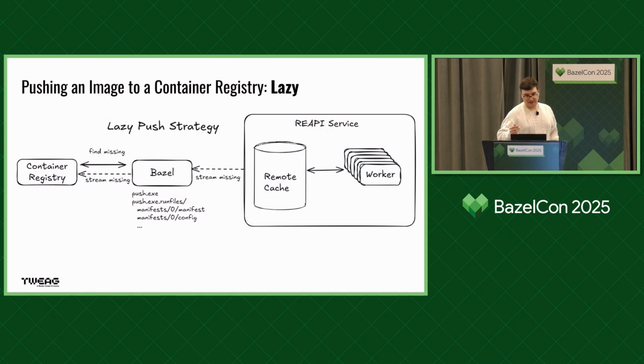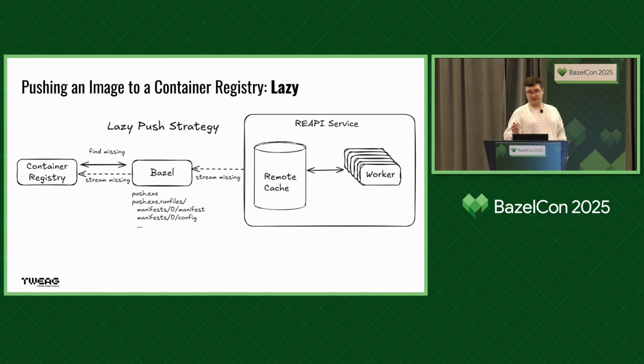The next strategy that we have as an optimization is to just not add the layers to the runfiles. So in this setup, you have the push target. It is an executable file, and it contains only the manifest and the config and some extra metadata, but not the actual big layer blobs.